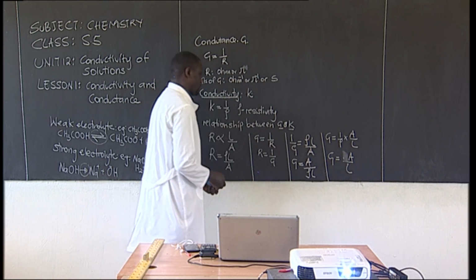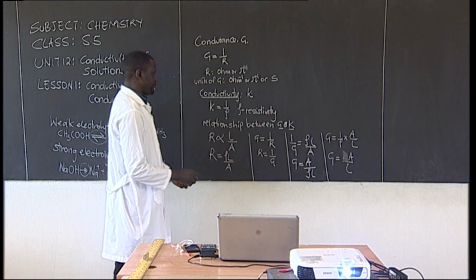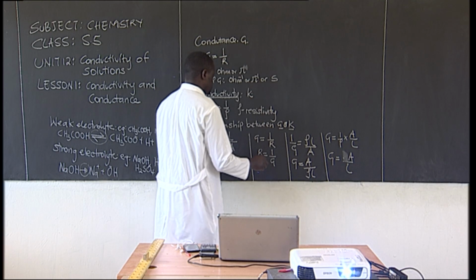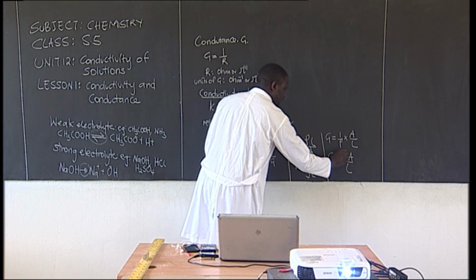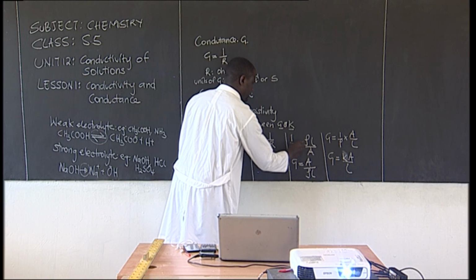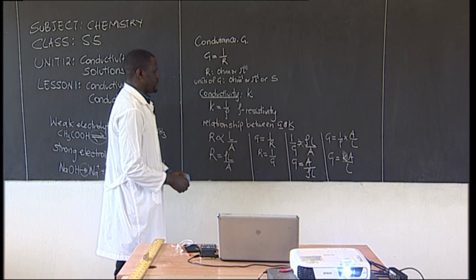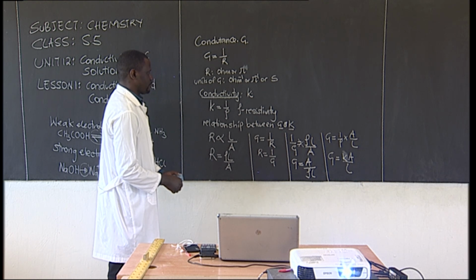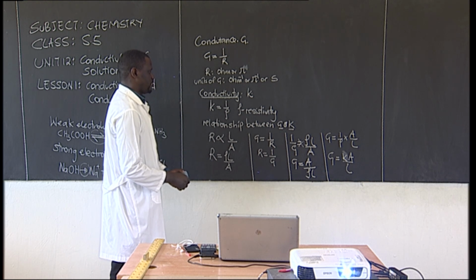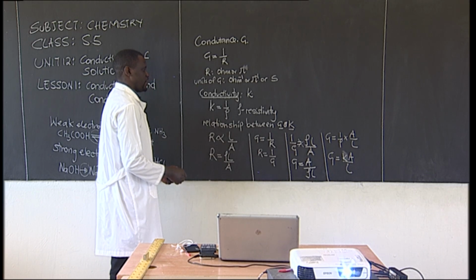So you said here, actually here we have K, yeah, K. So we have cross multiplied here. I've cross multiplied, and over A. Yeah, A.